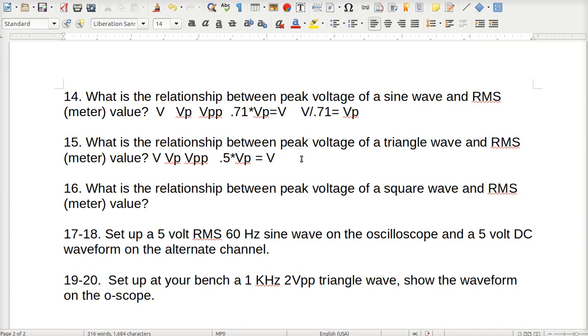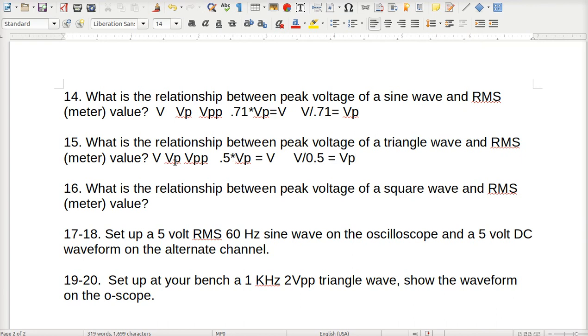I can say V divided by 0.5 equals VP. There we go. So this only applies when you're going between peak and RMS.